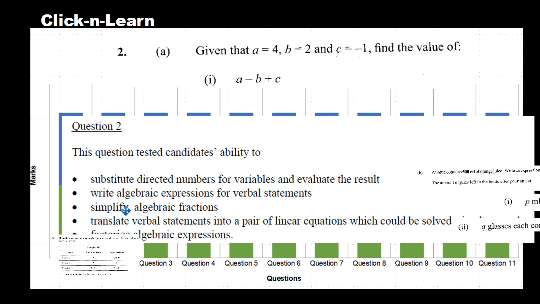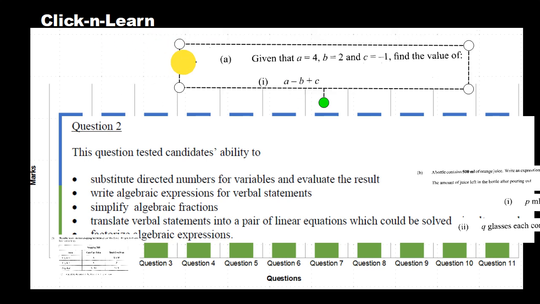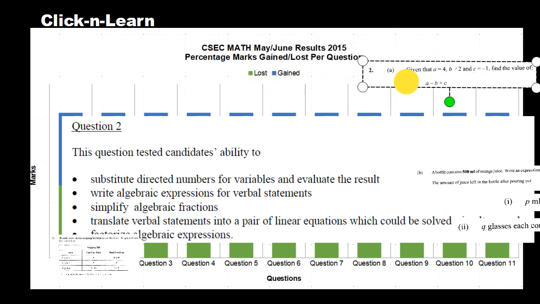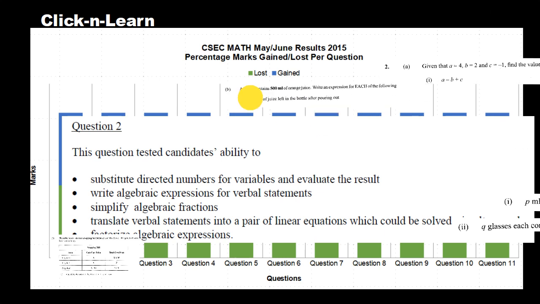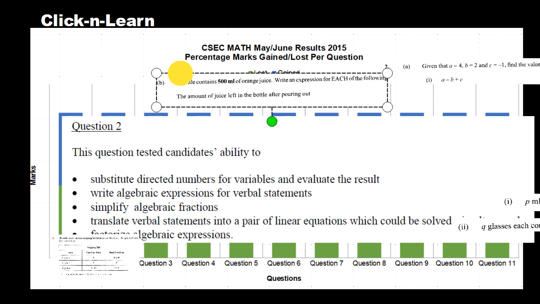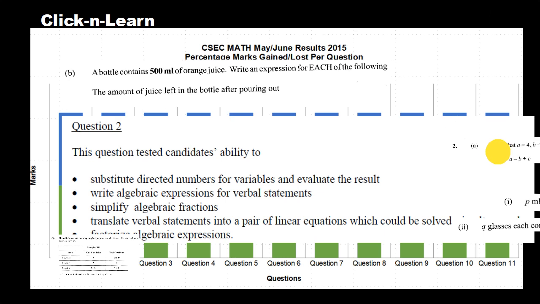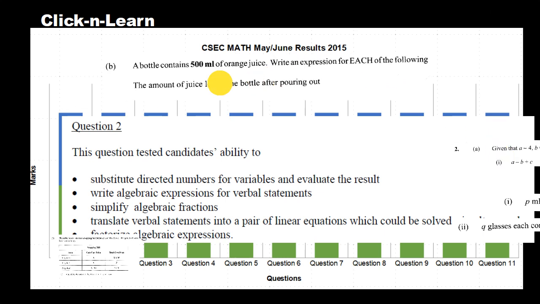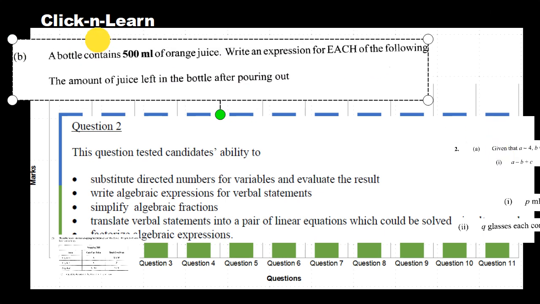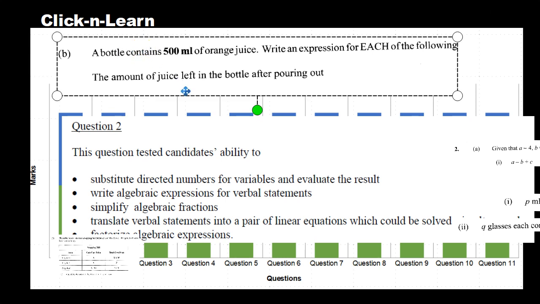Question 2 also tested your ability to write algebraic expressions for verbal statements. Let me show you an example of that. Let me minimize this. So this question tested candidates' ability to write algebraic expressions for verbal statements.